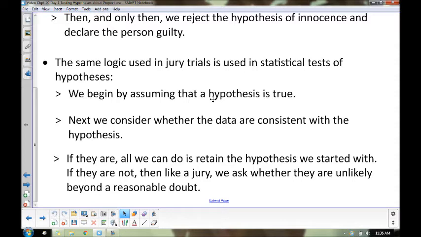All we can do is retain that idea of not guilty. If it is not, then we have to ask whether it is unlikely beyond a reasonable doubt. What that means is if my evidence does not support my initial claim, we have to know, is the evidence strong enough to say beyond a reasonable doubt that the null hypothesis, the initial claim, was not true?